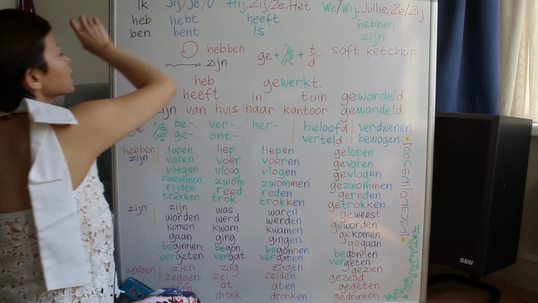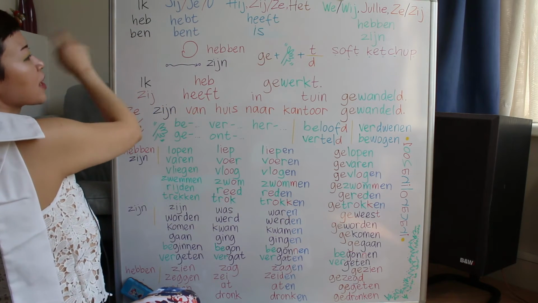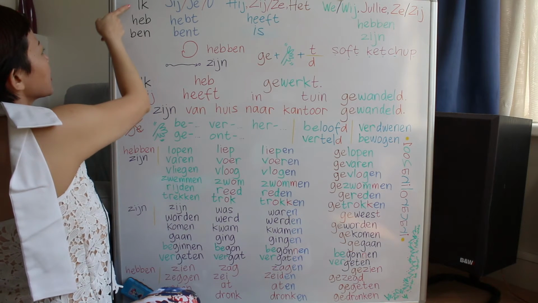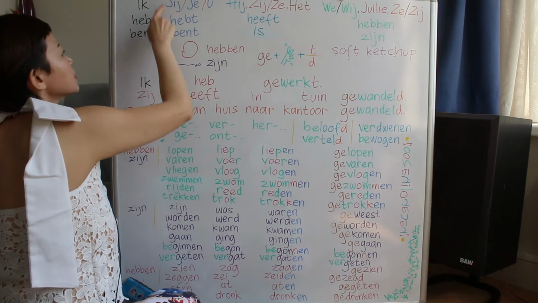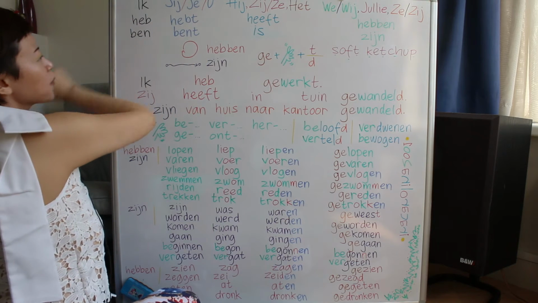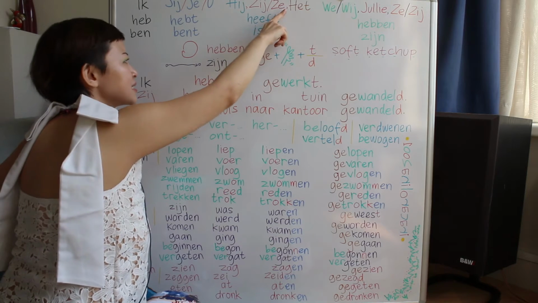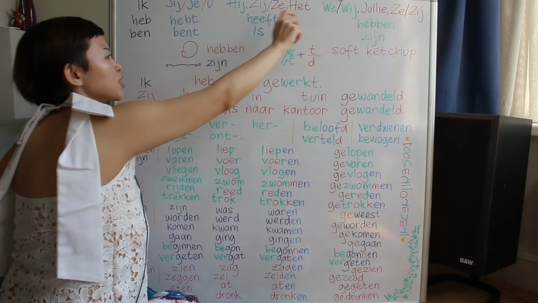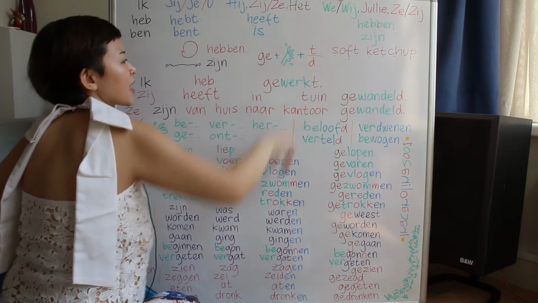This line is for have, this line is for am. Ik heb, heb is have. For jij, je, u, hebt. For hij, zij, ze, het, heeft. For we, wij, jullie, ze, zij, hebben.